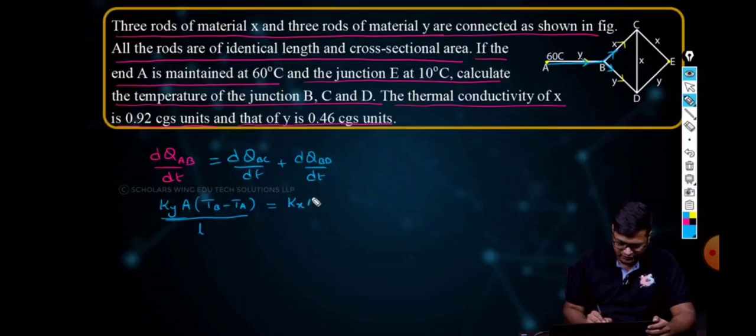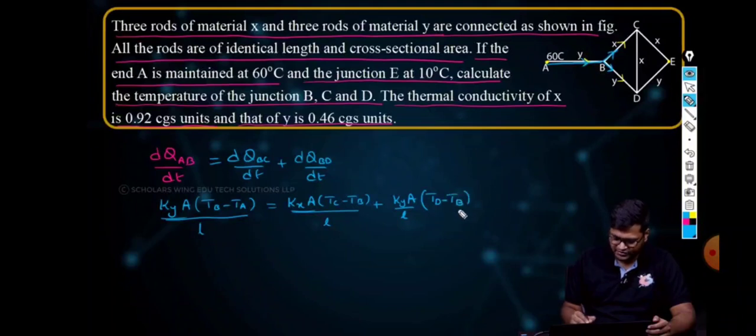So Kx times A into change in temperature, Tc minus Tb, by L, plus dQBD by dt, which will be Ky times A by L times the change in temperature, temperature at junction D minus temperature at junction B. They are saying all rods are of identical length and cross-sectional area, so A and L cancel.